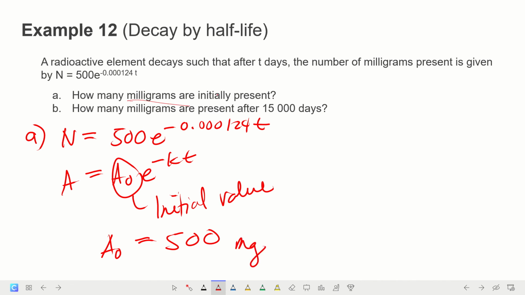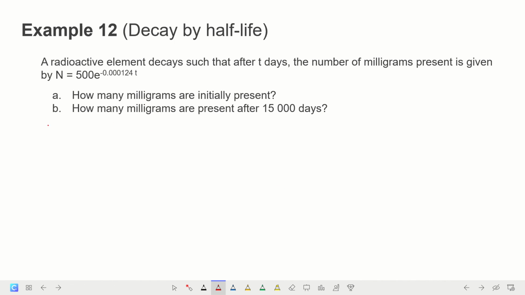So, let us now answer letter B. Let us write the equation: N is equal to 500 e raised to negative 0.000124 T. This is the model for this problem. How many milligrams are present after 15,000 days?